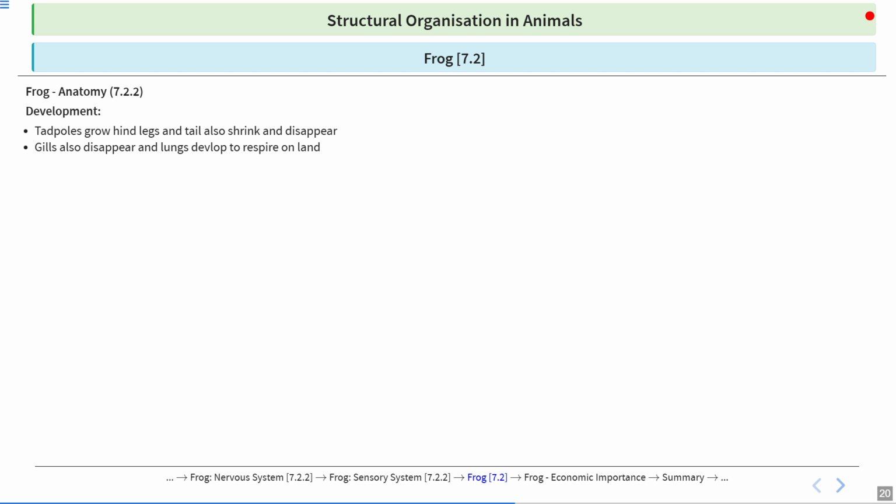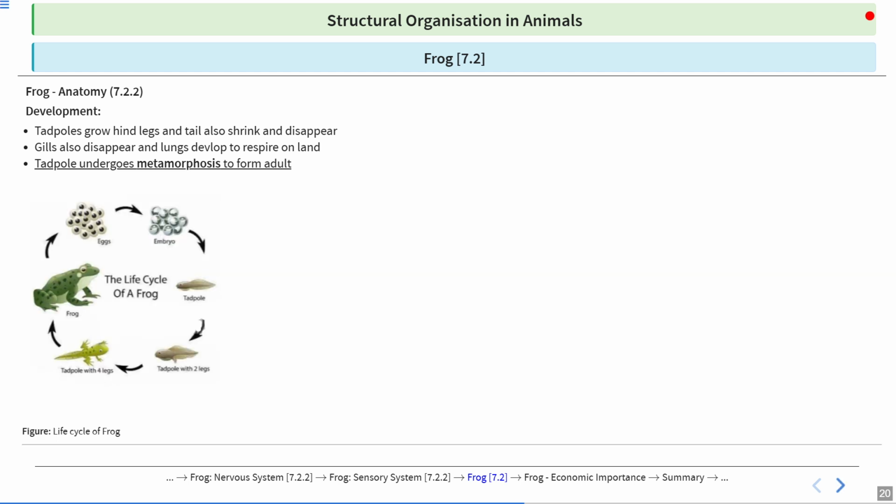So now they are adapted to live on land. The tadpole undergoes metamorphosis to form the adult. This changing from the larval stage to adulthood is called metamorphosis. So this is showing the metamorphosis.